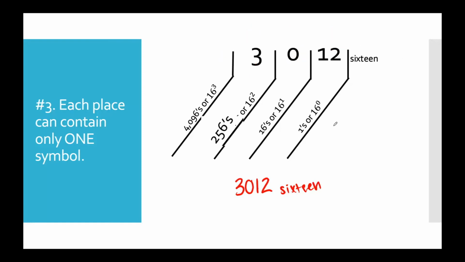It is important, because I am in base 16, to use the correct symbols to represent this value of 12. Remember that we do have alphabetical symbols to use, so 12 would actually be represented by the symbol C. So the correct way to write this number is 30C base 16. That way I only have one symbol in each place value.